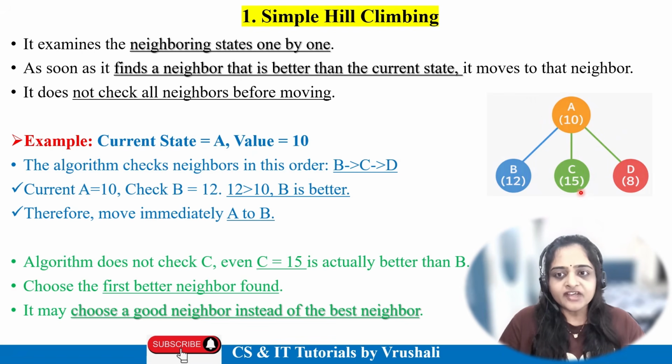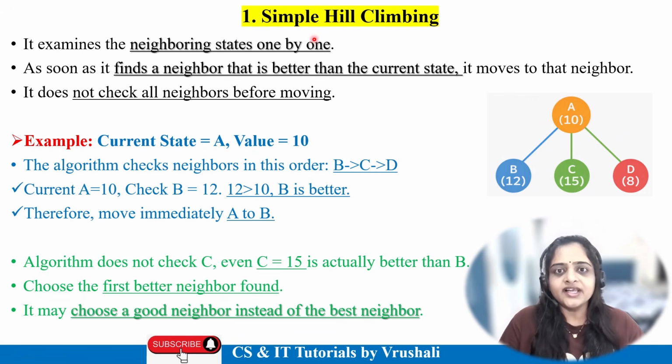But now what happened here? The algorithm does not check the value of C and D. It checks only the first neighbor value from A to B in this way. But here the value of C is 15, and 15 is greater than 12 and 10 as well. So actually C, this particular node, is better than B and A, right?